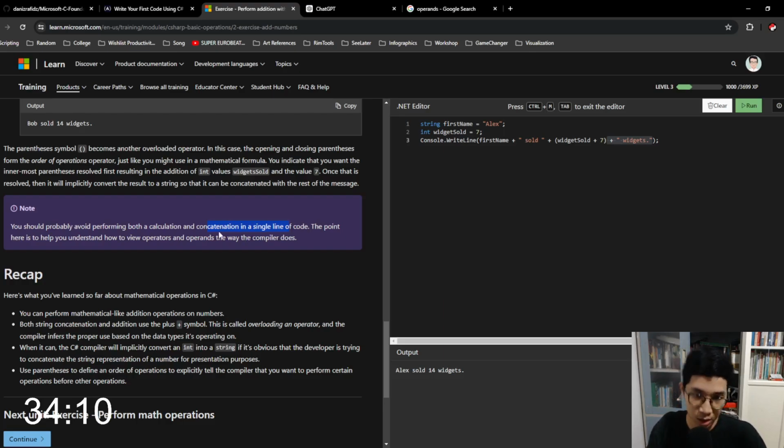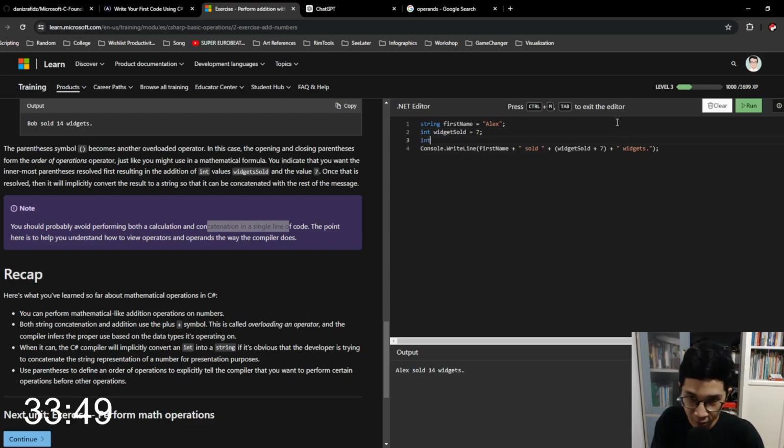So you guys, try to avoid calculation and concatenation like this. It's a pain to see this. Just make the variable first, like this, I mean just make the variable like this, calculated.